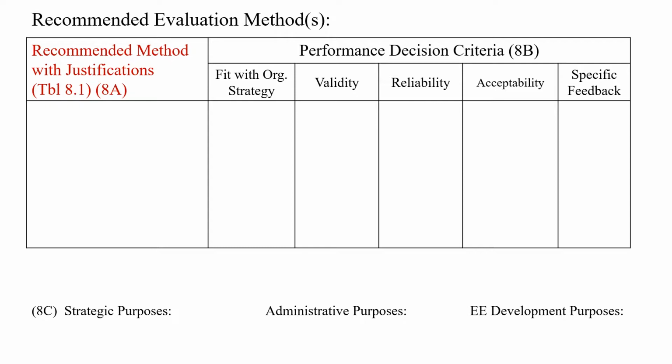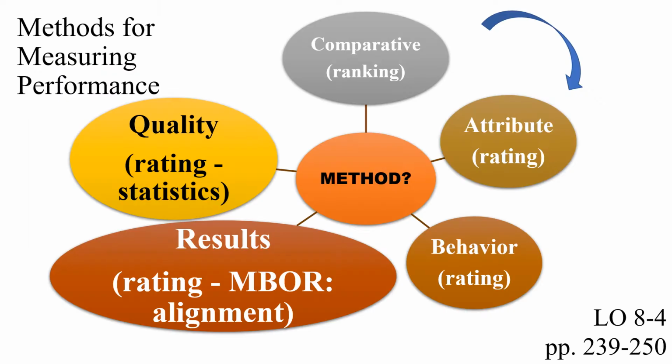And let's take a look at 5 options. The 5 options we'll discuss starting at the top and going clockwise will be comparing or ranking. And then we'll be looking at 4 types of rating: attributive, looking at attributes, behaviors, results, and quality.